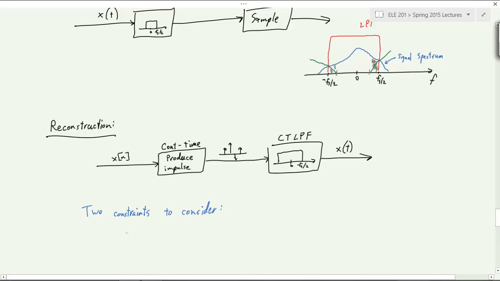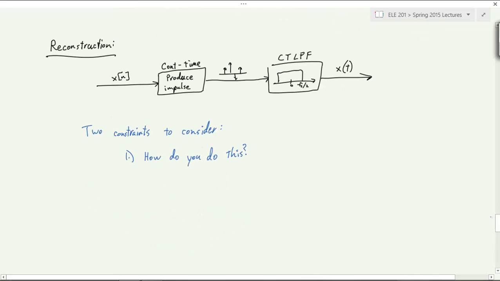All right, first of all, how do you do that first part? How do you actually take numbers out of memory, this discrete time signal, and make a continuous time sequence of impulses? Well, impulses aren't very physically realizable.